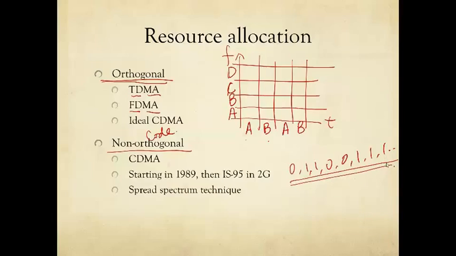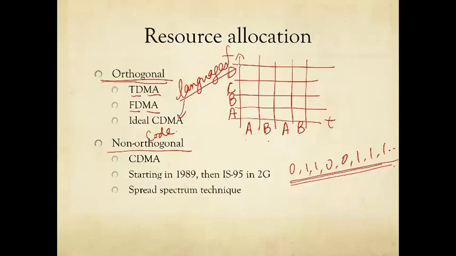And only the intended recipient will have the right code to decode that message. The other receivers would not have the right code, and therefore they would not be able to decode your message. In a cocktail party analogy, this is like different languages.